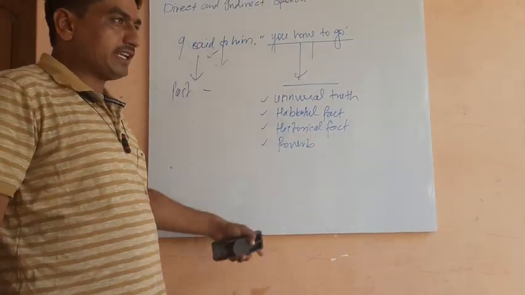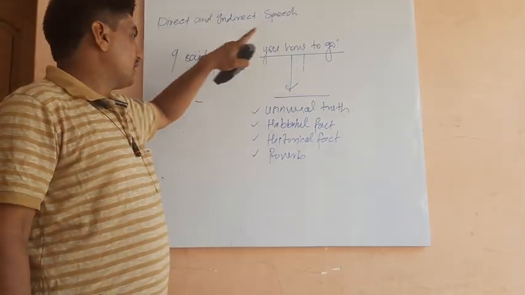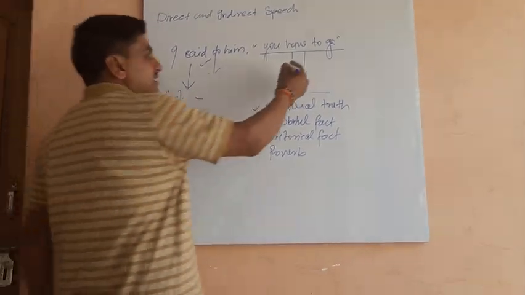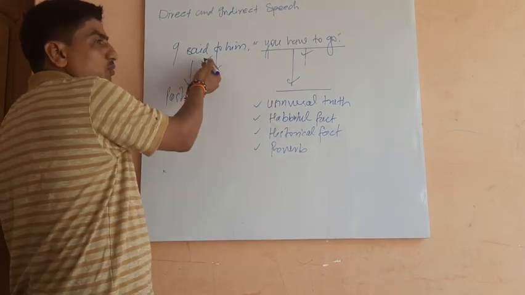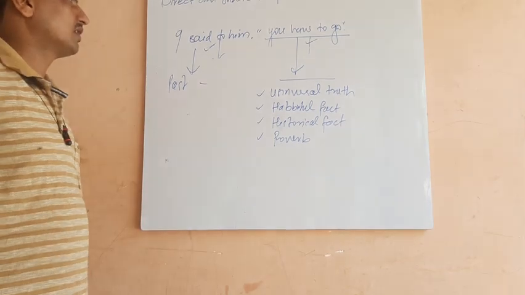If we find any one of these qualities in reported speech, then we will not change the tense of reported speech, although reporting verb will be in past tense. This is the exception of the rule.